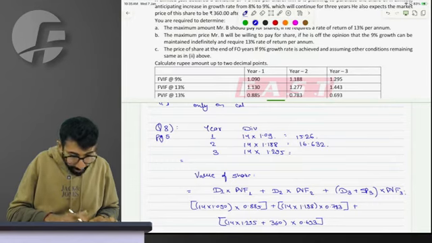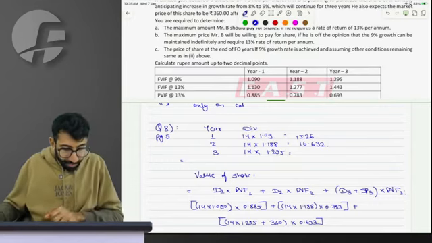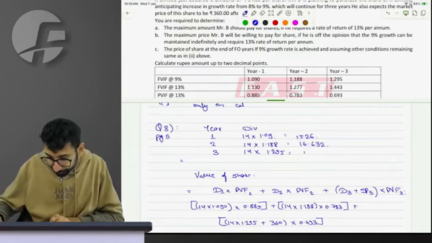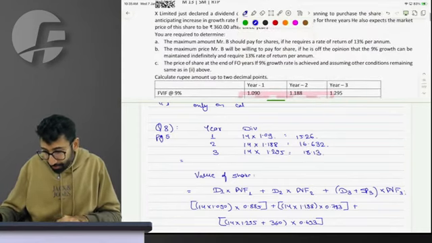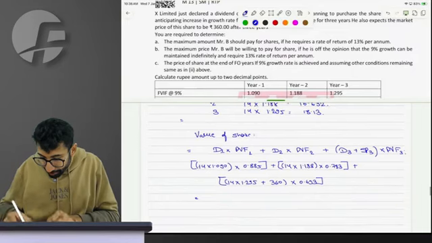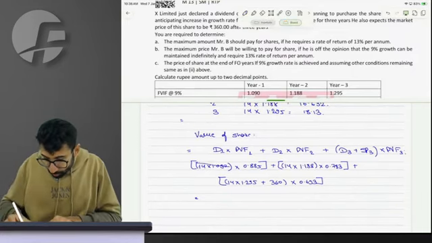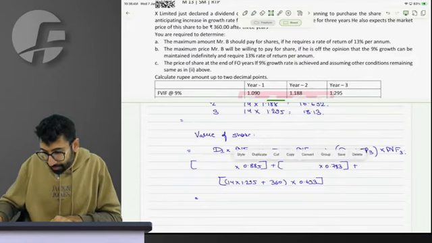Then 14 multiplied by 1.295 gives me 18.13. Let us confirm if the number is correct or not. Yes. Now for the value of the share, you can directly use the dividends calculated above.